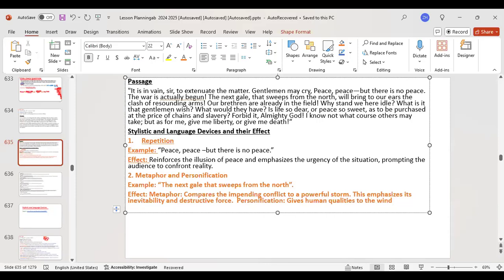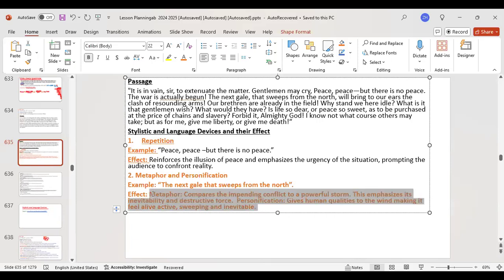Yeah, making it feel alive, active, sweeping, and inevitable. All right, so that is how you would explain that.